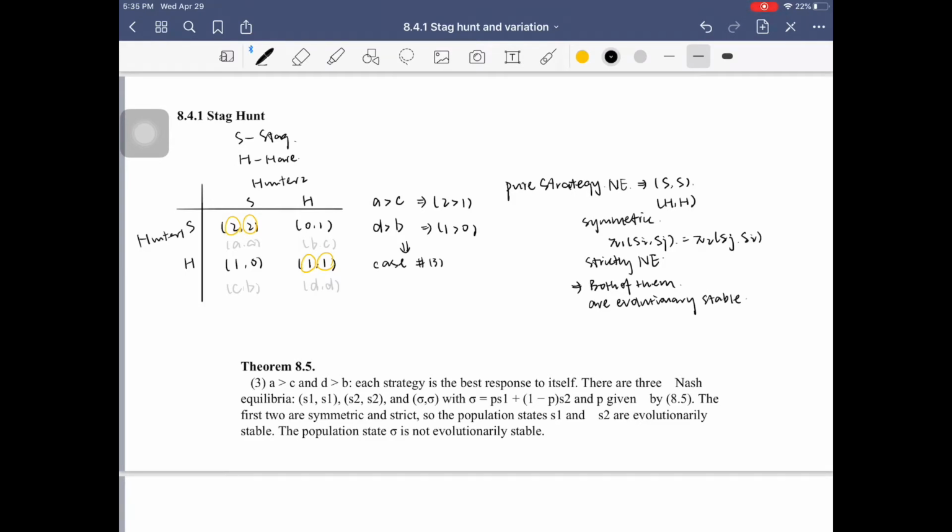And the next thing we will need to check is the mixed strategy Nash equilibrium.